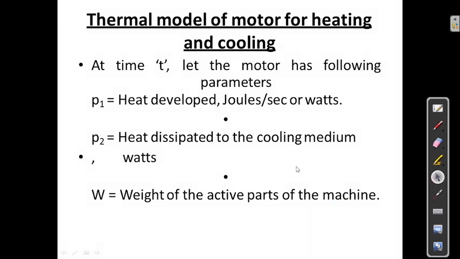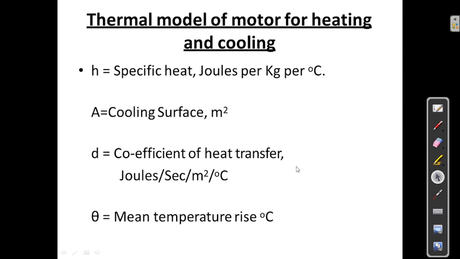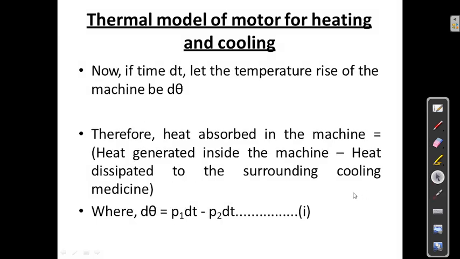H is the specific heat in joules per kg per degree centigrade, and S is the cooling surface in meter squared. D is the coefficient of heat transfer, with a unit of joules per second per meter squared per degree Celsius. Theta is the mean temperature rise in degrees centigrade.